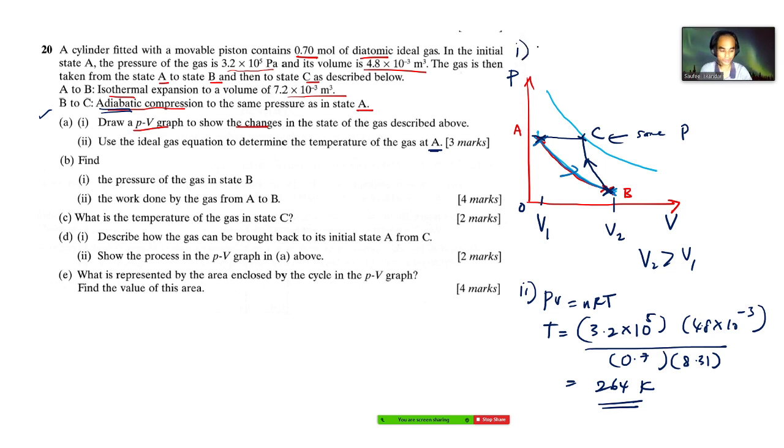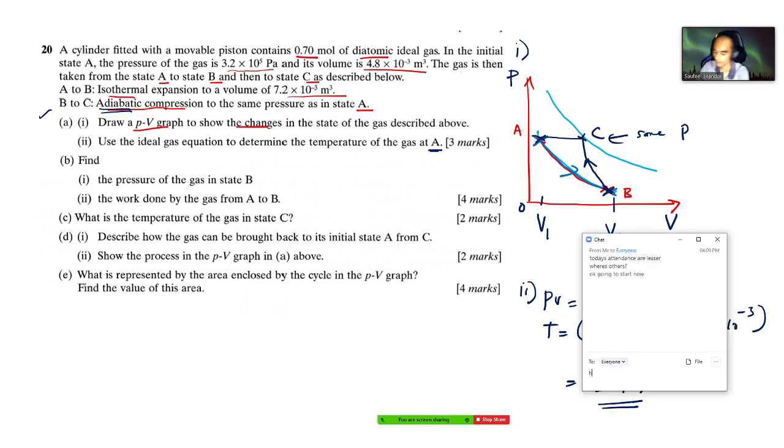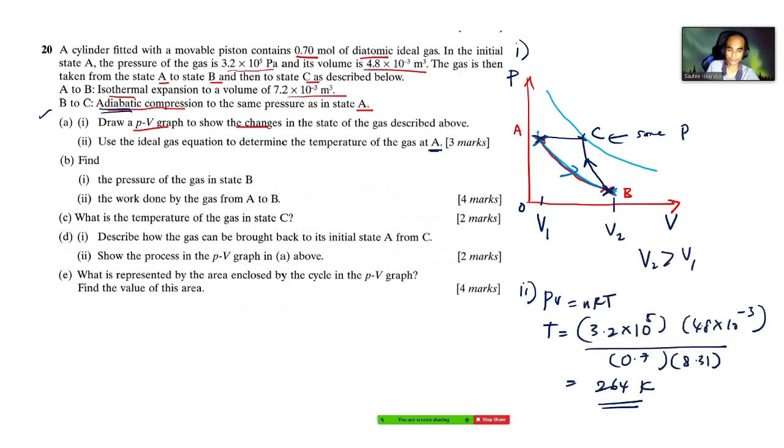Everyone, did you get the answer? Or you have a different answer? My answer is wrong. The answer is how much? Way off. Okay, so did you use PV equals nRT?